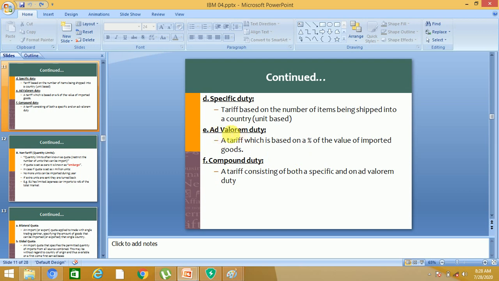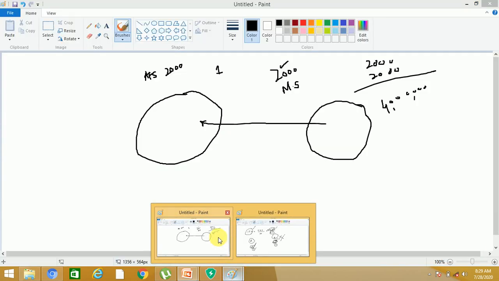Then there is another type of tax that is called ad valorem duty, a tariff which is based on a percentage of the value of imported goods.